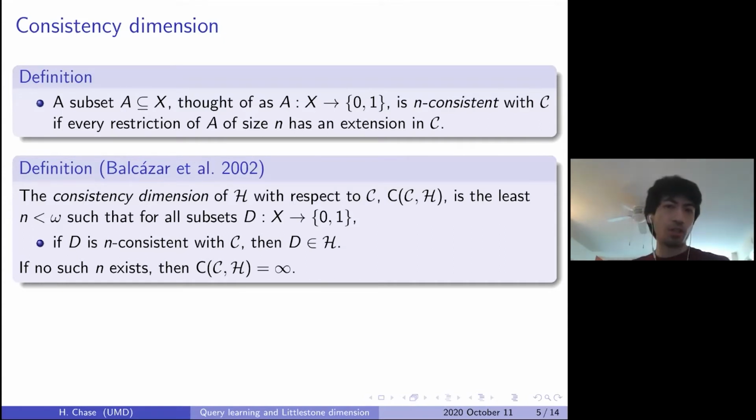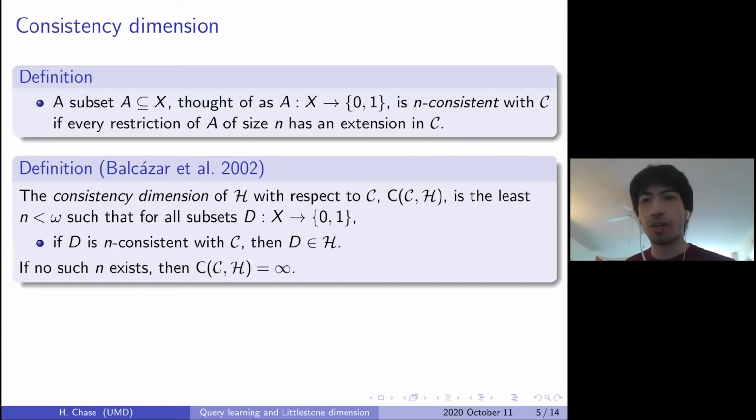Let me give a brief remark comparing this to the formulation of dual Helly number that Steve talked about. When I talk about consistency dimension, this is slightly more restrictive, because when I'm thinking about a subset A of X, I'm thinking about it as a total function from X to {0,1}.